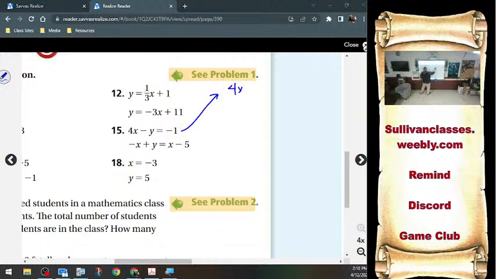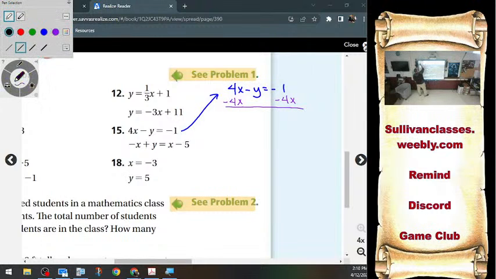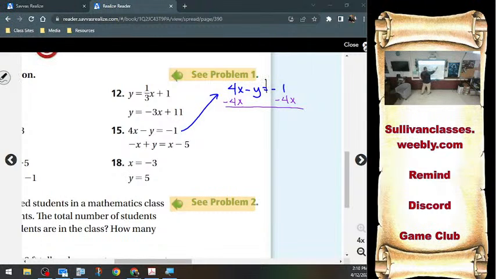I have 4x minus y is negative 1. In order to get that y by itself, subtract 4x. And maybe this is where I need to slow down and start showing these steps more and more.